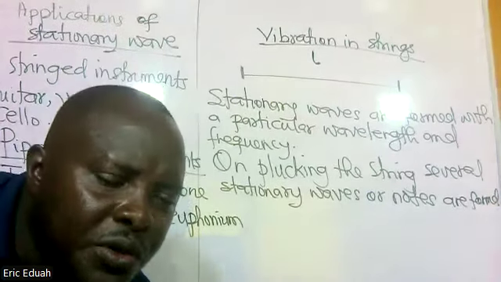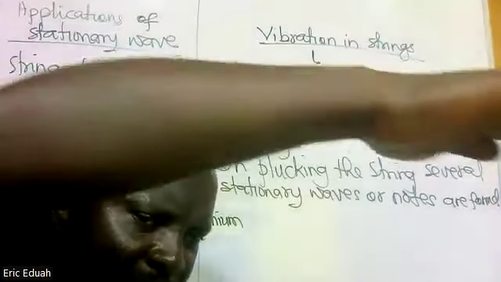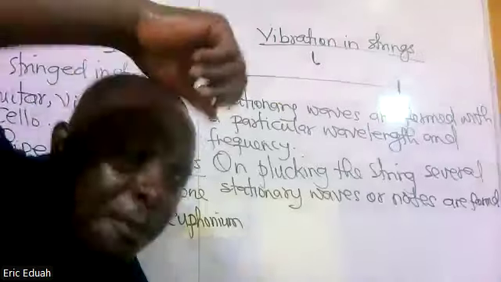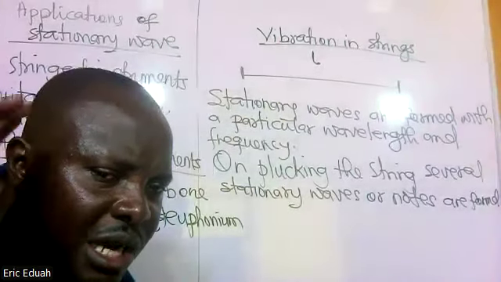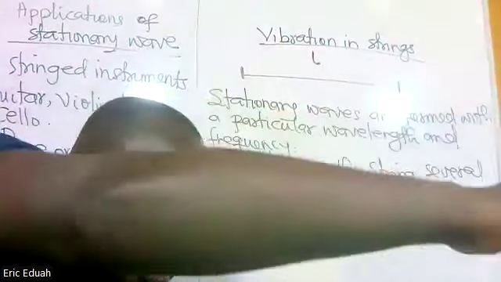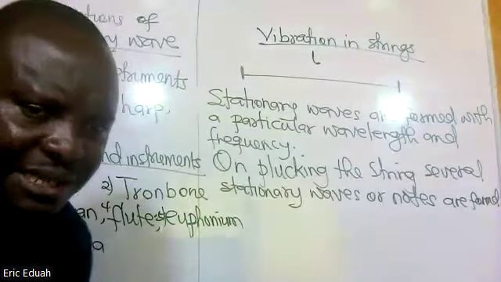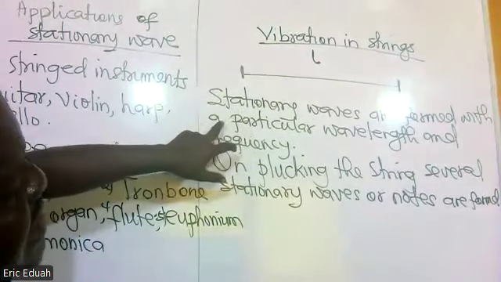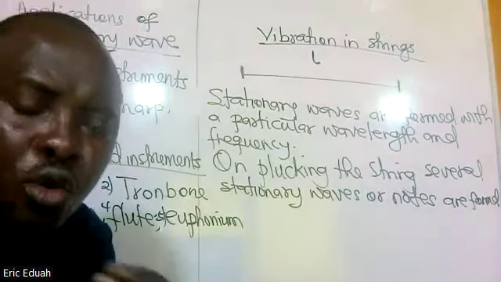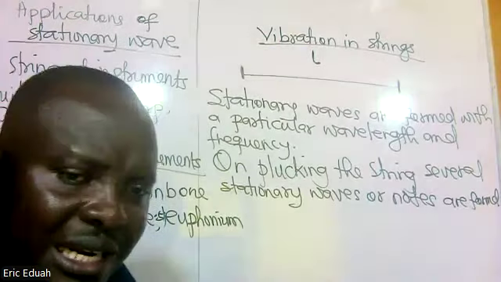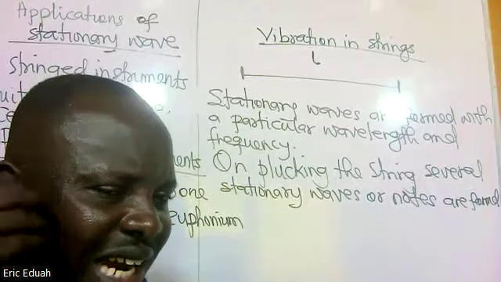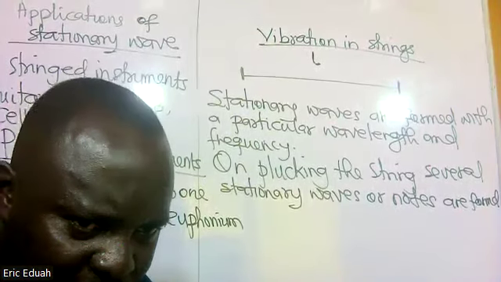So upon one plug, the sound you hear is not just one stop sound, then it ends. One plug will produce continuous sound. This is an indication that upon disturbance of the string, several stationary waves or notes are produced, and the numerous stationary waves or sound is what gives that continued sound.